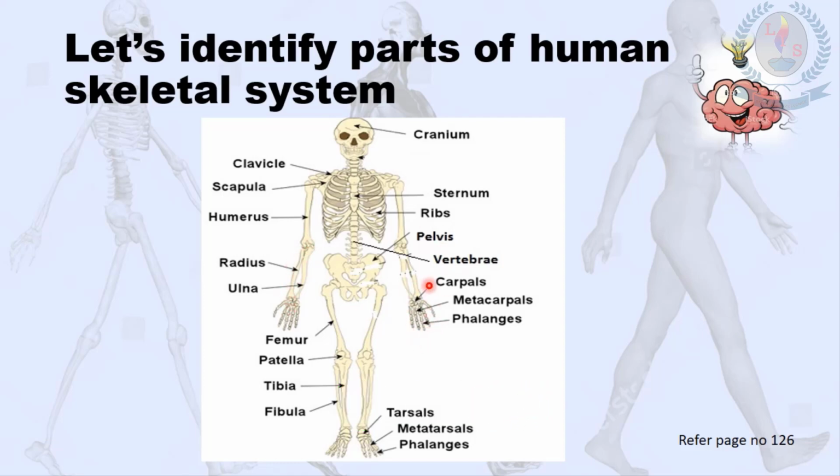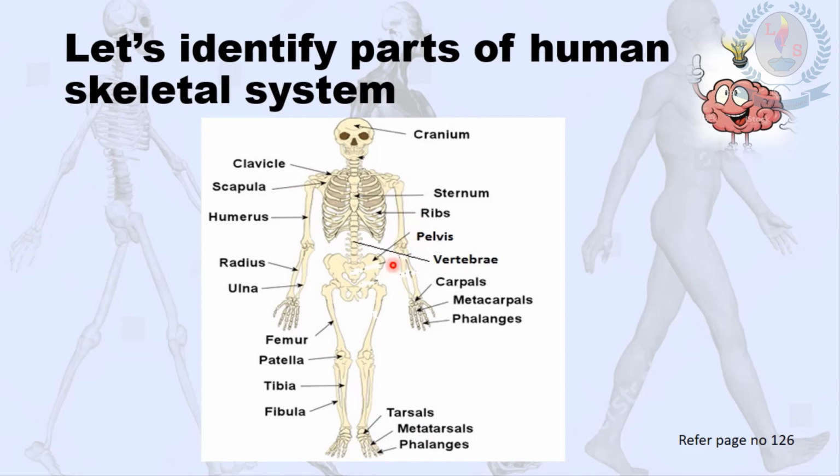Our hand consists of 3 types of bones known as carpals, metacarpals and phalanges. Not only the hand, our foot is also composed of 3 types of smaller bones, which are identified as tarsals, metatarsals and phalanges.